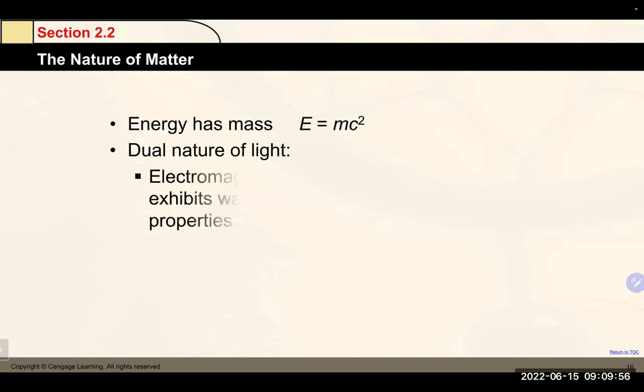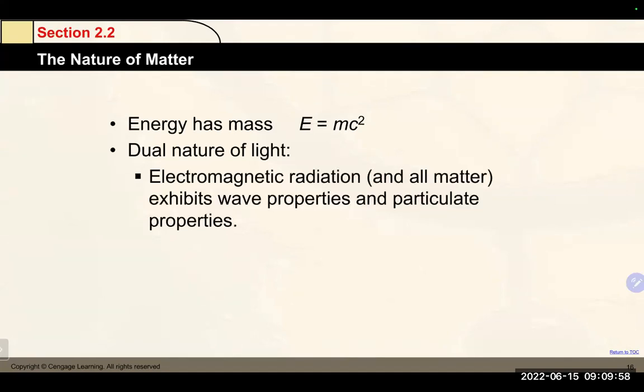So Einstein saw, that's Einstein's equation there, E is equal to mc squared, mass times the speed of light squared. Basically there's this idea of the dual nature of light. So particles do behave like waves in certain aspects. They do have wave-like characteristics, and waves also behave like particles as well.